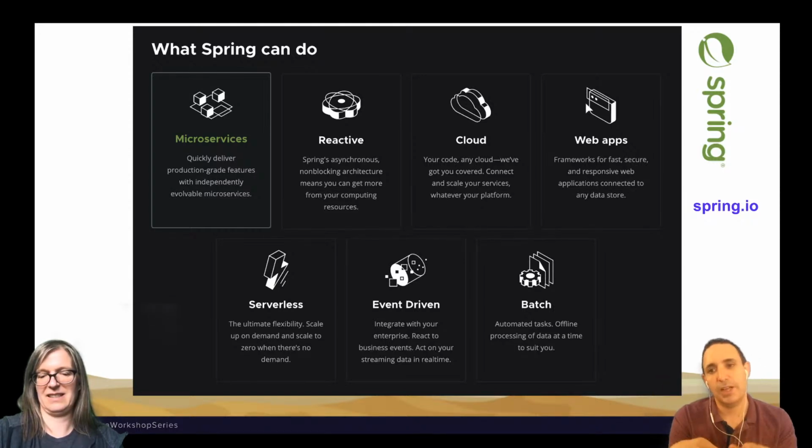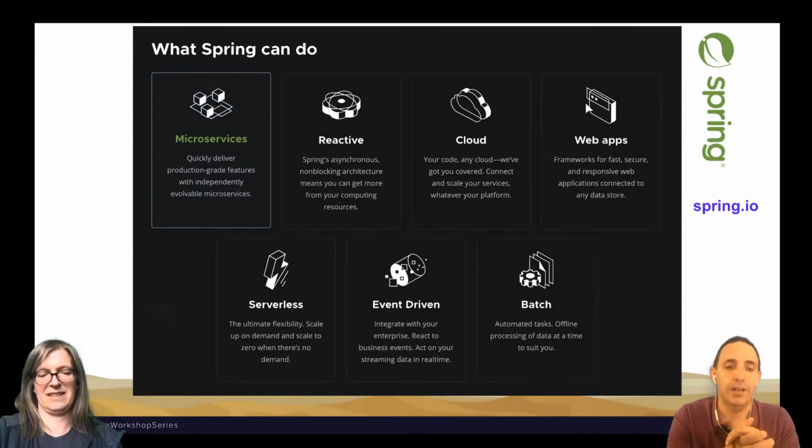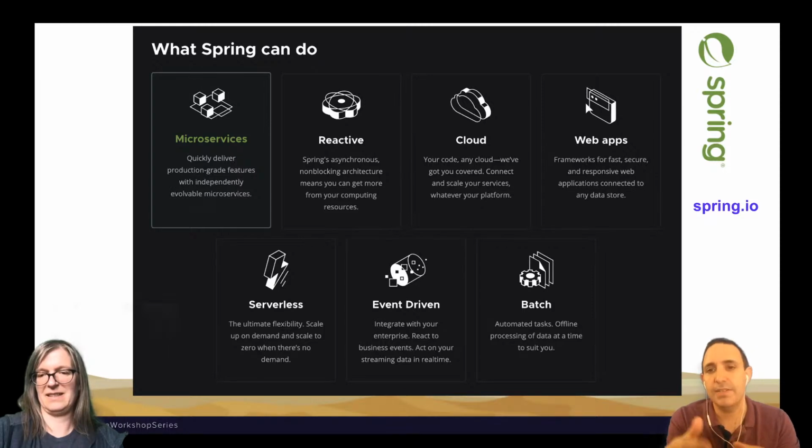Spring is supported by Pivotal, and behind you have VMware, some huge support, and a large community of developers. It starts very small with the IoC, and the more it goes, the more components have been added to implement microservices, like today, to do reactive, cloud, web apps, serverless, event-driven, batch.